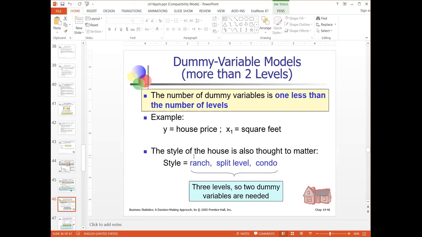Because we will make pairs, one for the ranch and split, another for any two out of them. So we can pick the ranch and condo or split and condo. So it depends upon how you want to compare. So both ways are suitable. Both ways are already used in literature or in econometrics.